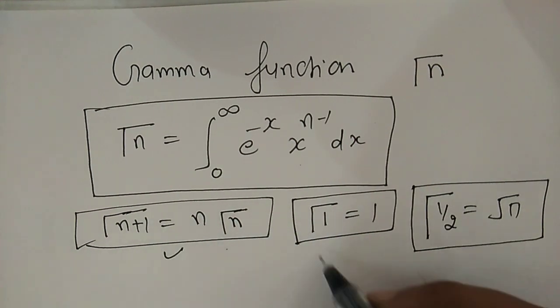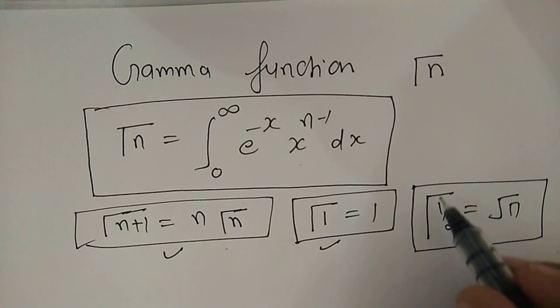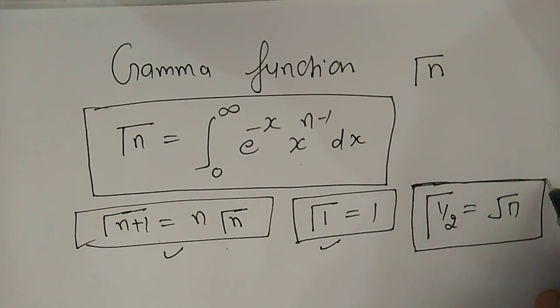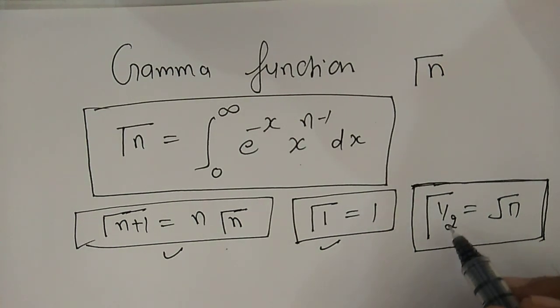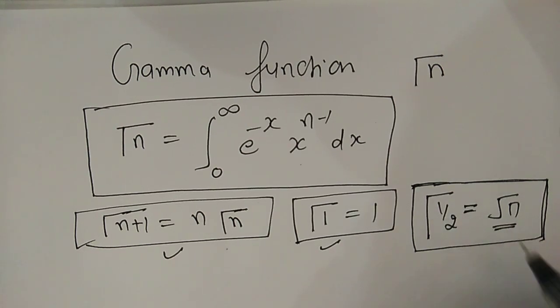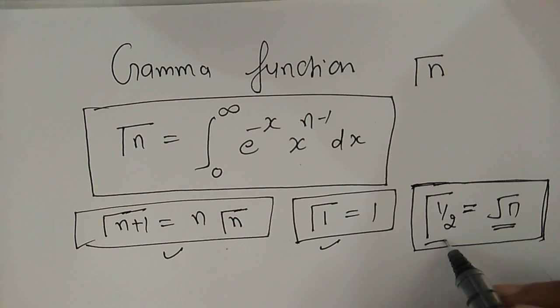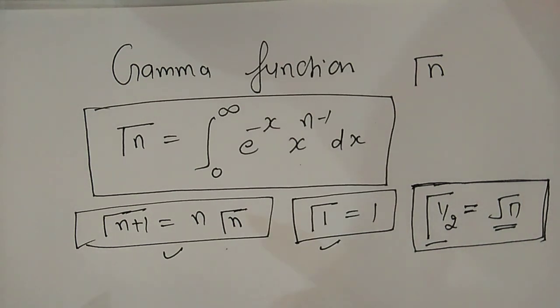These two we can verify, but the proof is not required here. If you write the answer in terms of gamma half, that is fine. Now we can see how we are getting these two.